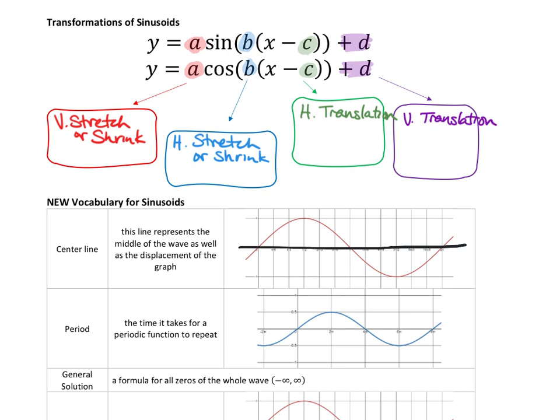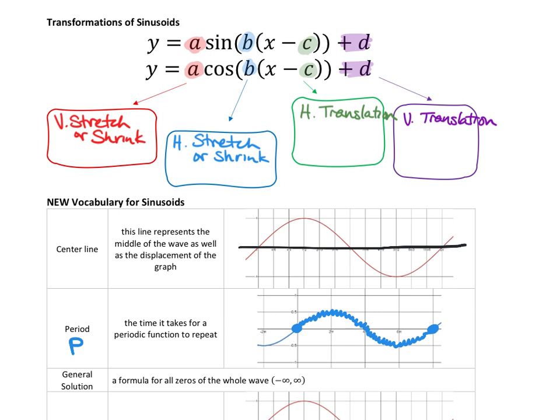The period of a function is represented by capital P, not lowercase p, capital P. It is the time that it takes for a function to repeat itself. So if we looked at this sine curve that you have here, I know it's sine because it goes through 0. The next time that this shape, like it goes up, it goes down, it comes back up, and then it would start over, that distance is the period.